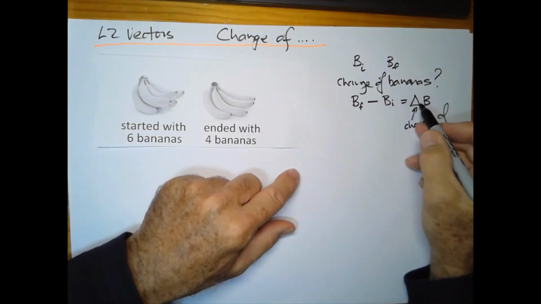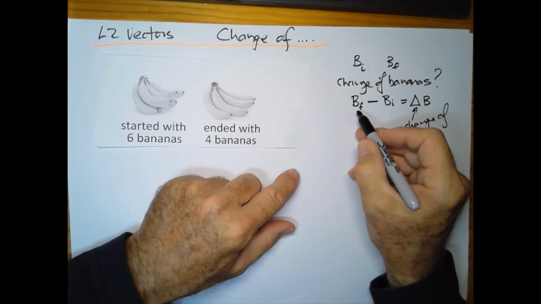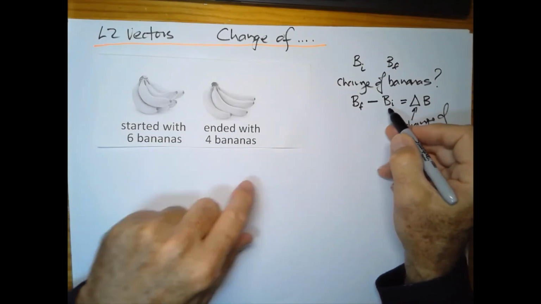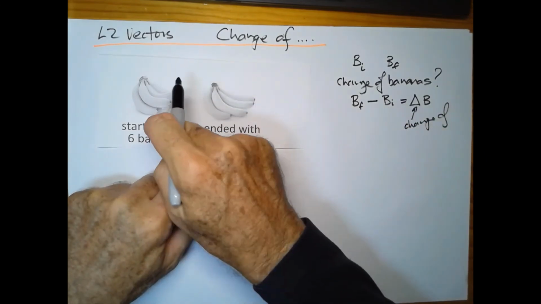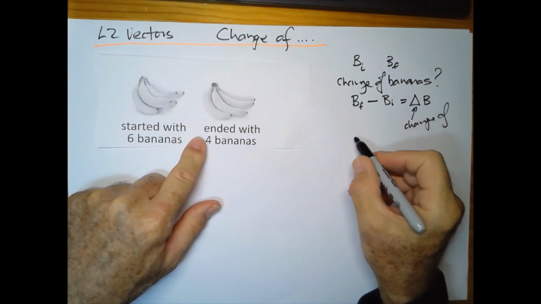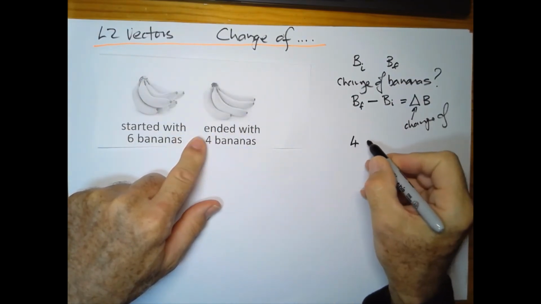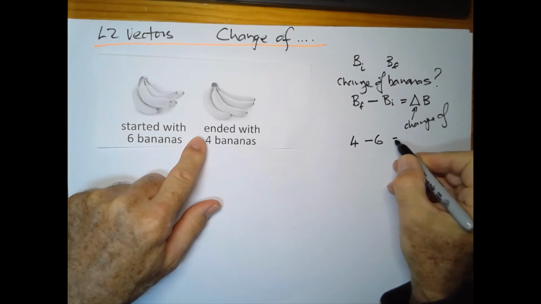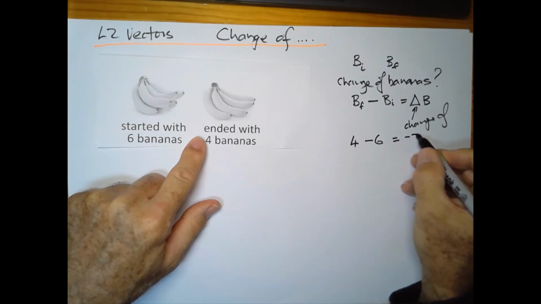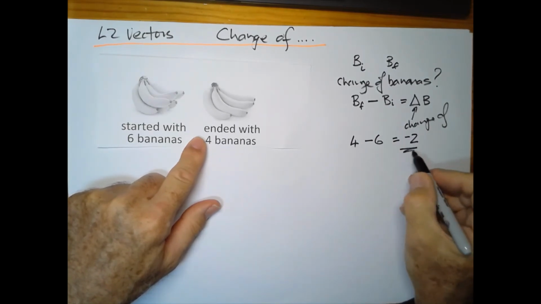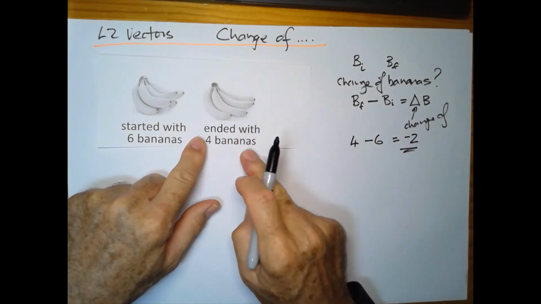How do we work out the change of bananas? We have the final number of bananas, subtract the initial number. Now in our case the final number is 4, minus 6 is equal to minus 2. The change of bananas is minus 2. Well, that makes sense. We've lost 2.